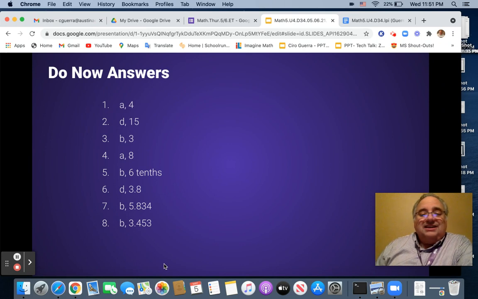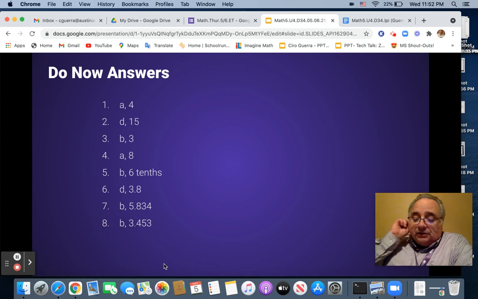Then you did some addition or subtractions with decimal numbers. The first question was an addition. You're going to be adding 5/10 plus 1/10, which equals 6/10. The next number you took was 4 and 8/10 minus 1, which gives you 3 and 8/10. The next number you did is an addition.